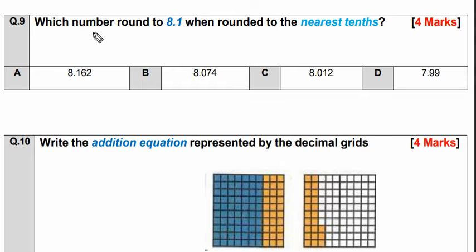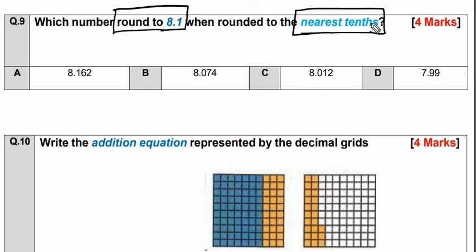Question number 9 says, which number rounds to 8.1? Now rounding is easy, all of you have done this in the classroom, to the nearest tenth. Nearest tenth, this is important. This is the tenth place, then hundredth place, thousandth place, right? So pause the video, try it.